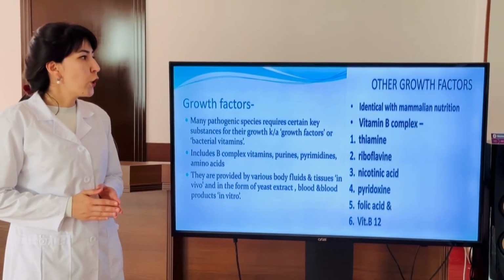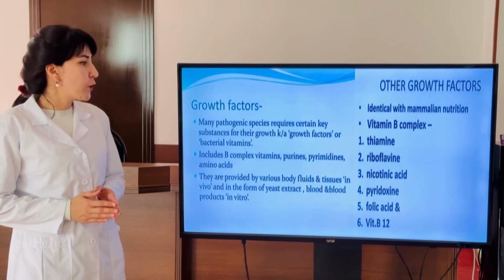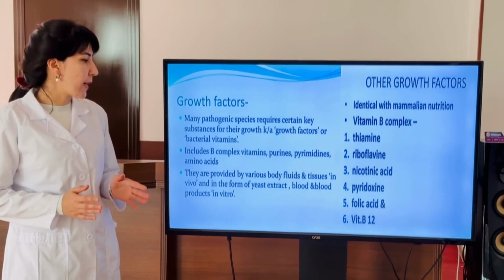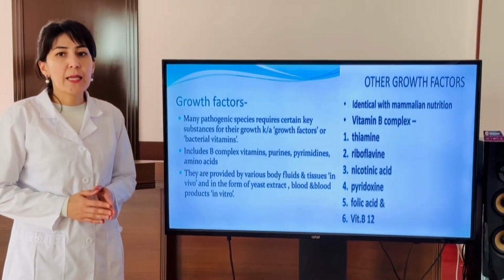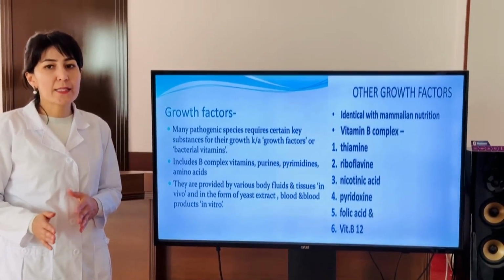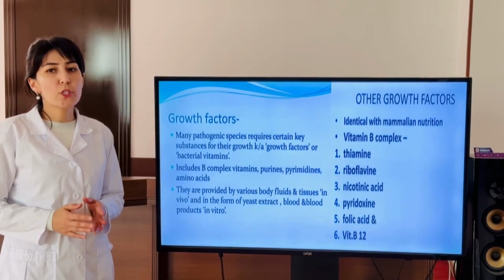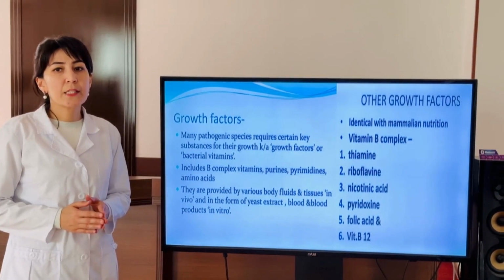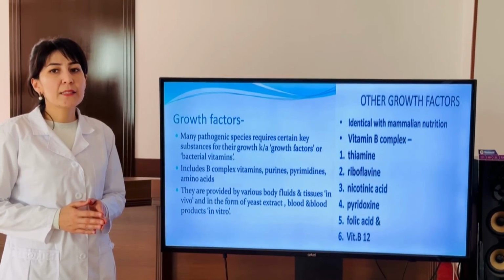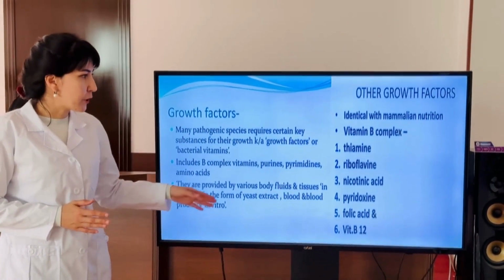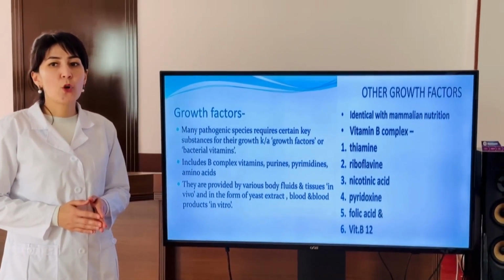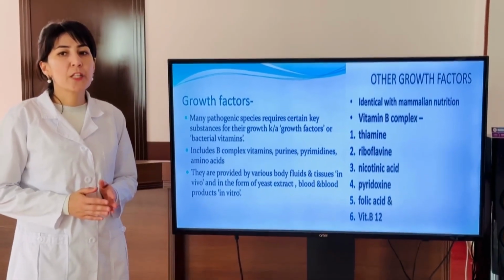Growth factors. Many pathogenic species require certain key substances for growth. Growth factors, or bacterial vitamins, include B-complex vitamins, purines, pyrimidines, and amino acids. They are provided by various body fluids and tissues in vivo, and in the form of yeast extract, blood, and blood products in vitro, and other growth factors, for example, vitamin B complex, thiamine, riboflavin, and folic acid.